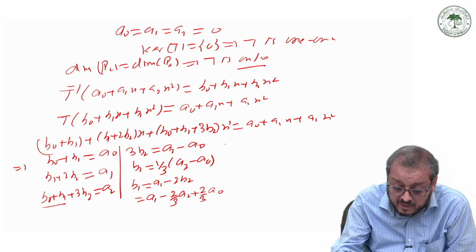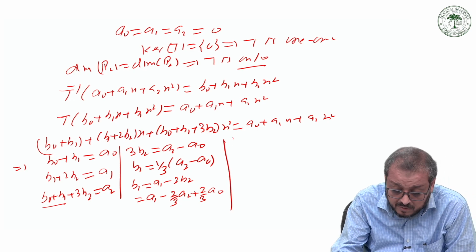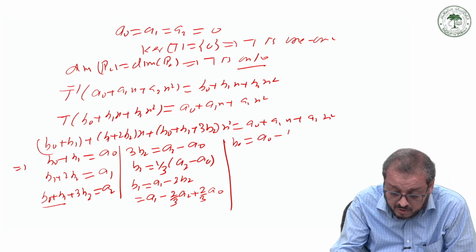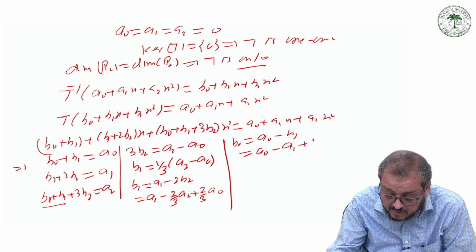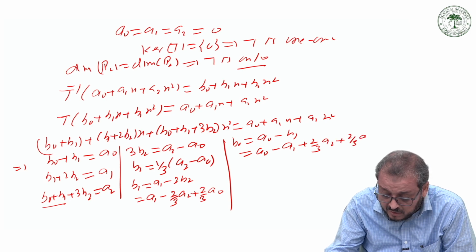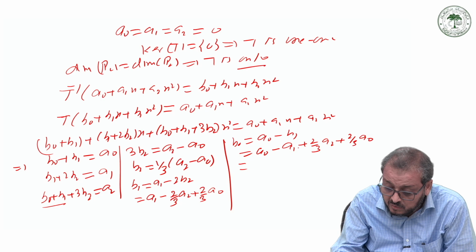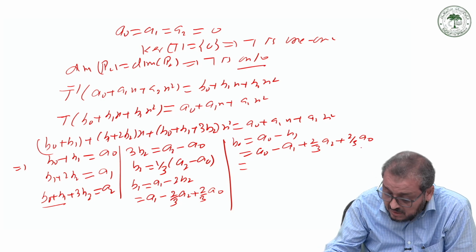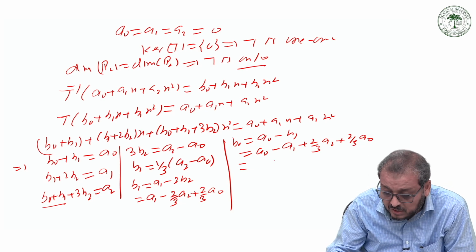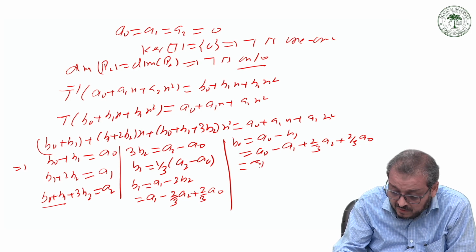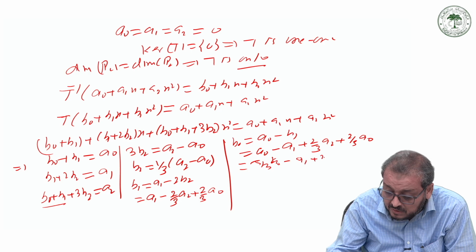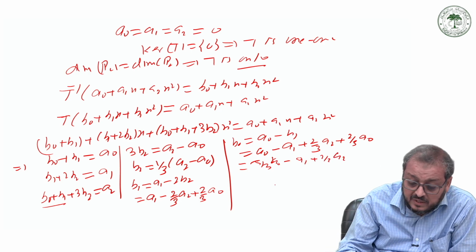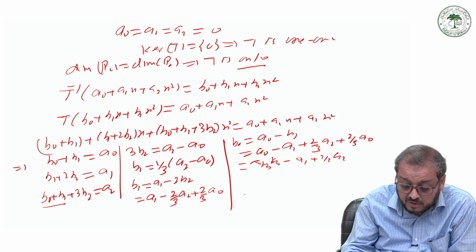we substitute here, we write the value for b naught is equal to a naught minus b1, a naught minus a1 plus 2 by 3 a2 plus 2 by 3 a naught, and this is equal to 3 plus 2, which is 5 by 3 a naught minus a1 plus 2 by 3 a2, and then we have to substitute the values of all this.